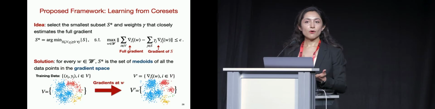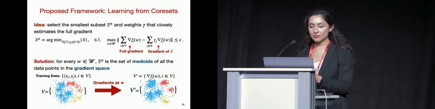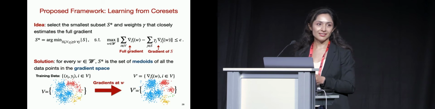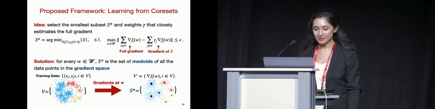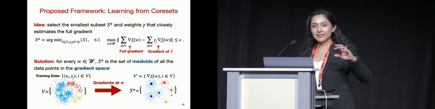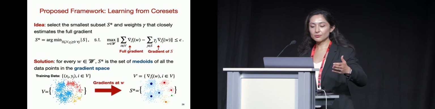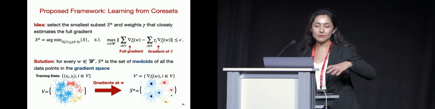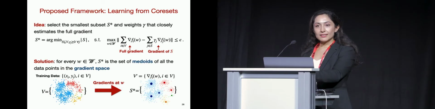Okay, how can we find such a subset? Without going into the steps, there are a couple of steps. Let me show you the solution. And the solution is intuitively simple. I'm hoping that you can believe me. So this is our big training data. For a second, imagine that we can transfer all this data, which is in the feature space, to the gradient space. We can calculate the gradient for all these examples. Now I have all the gradients.